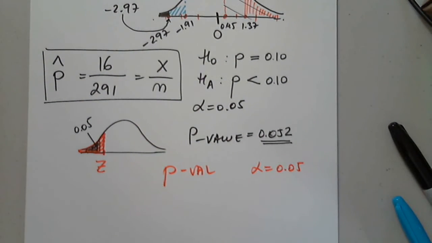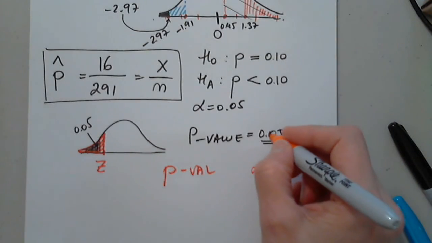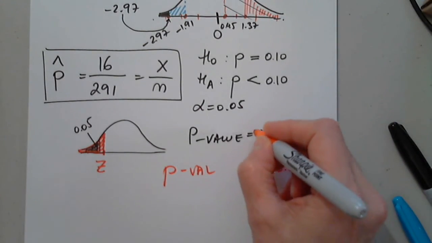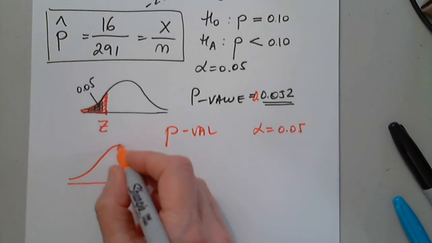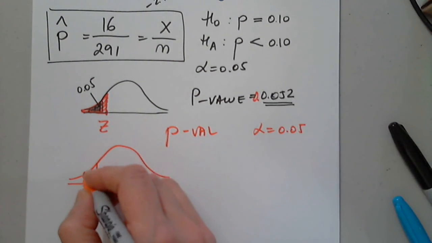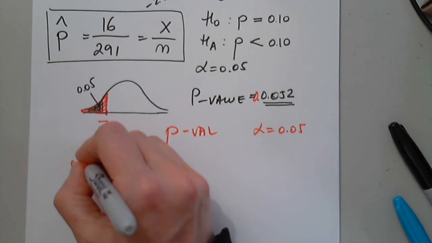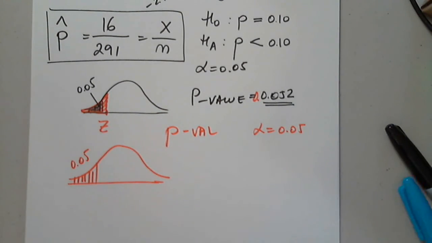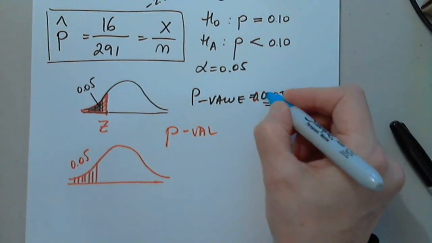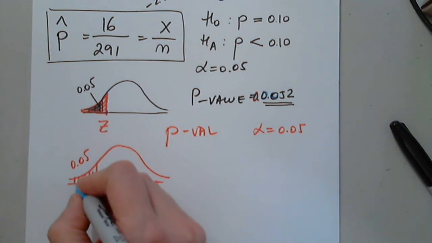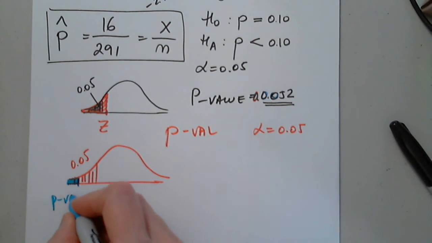Here is alpha, 0.05, and here is the p-value, 0.0052.